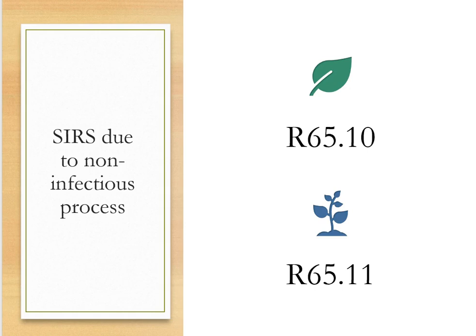Of course, R65.10 is Systemic Inflammatory Response Syndrome of non-infectious origin without acute organ dysfunction. R65.11, same condition, but with acute organ dysfunction. If the patient does have an acute organ dysfunction, you should assign the code for that acute organ dysfunction.